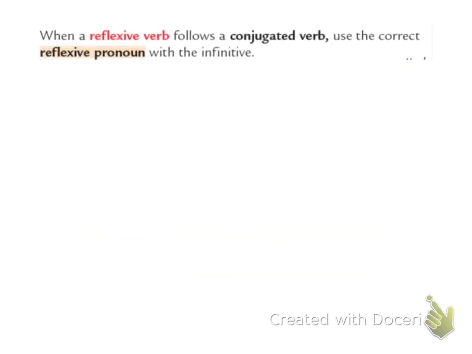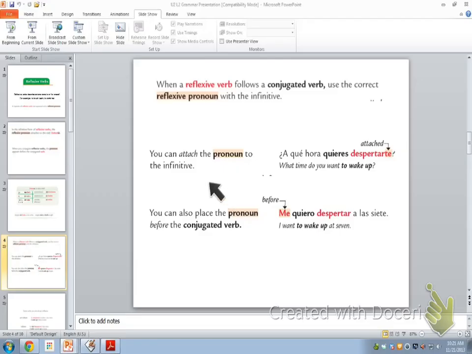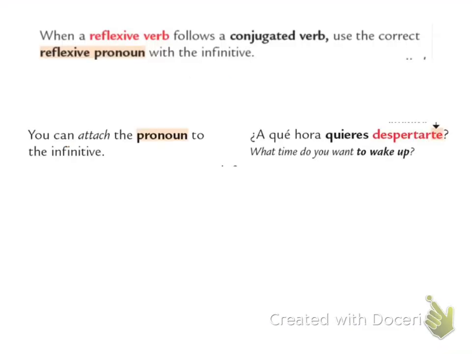What if you have two verbs and you have a conjugated verb first and then you have a reflexive pronoun? Well, guess what? You have some choices. You can attach your pronoun. Whoa, sorry. You can attach your pronoun to the infinitive, despertarte. The only reason why you can do this is because it ends in AR. This verb up here is conjugated, quieres.